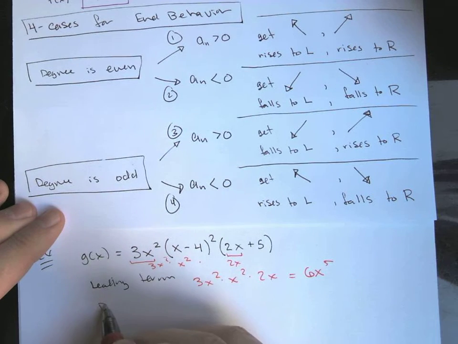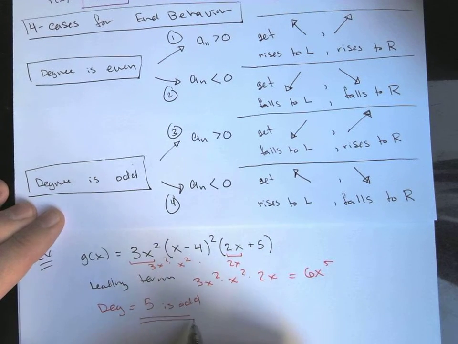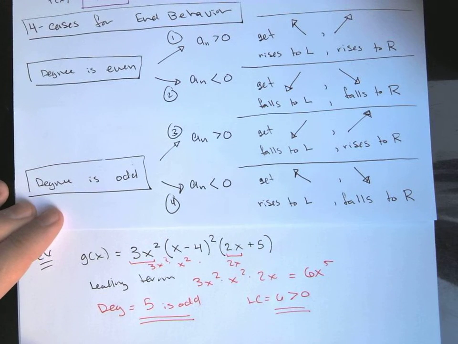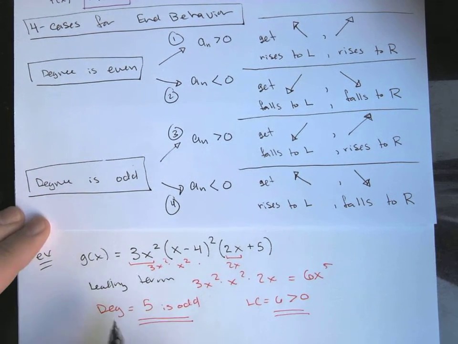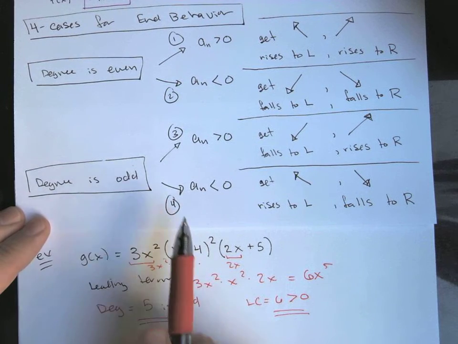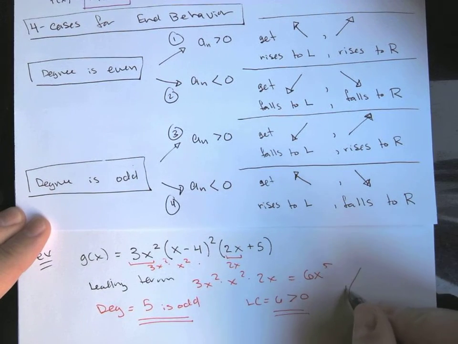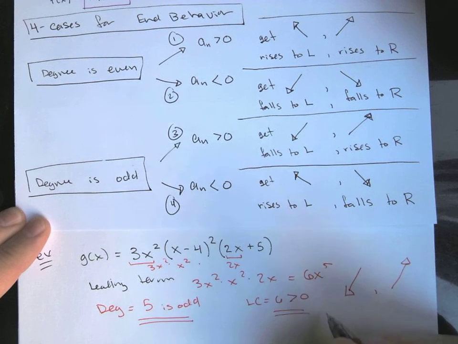That means my degree is 5, which is odd. My leading coefficient is positive 6, emphasis on the positive, greater than 0. So what case is that? Degree is odd and my coefficient is positive, so that's going to be case number 3: falling to the left and rising to the right.